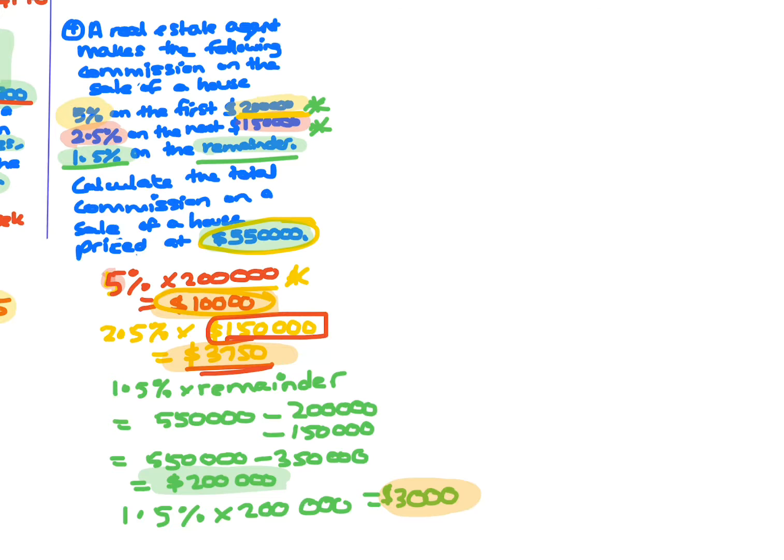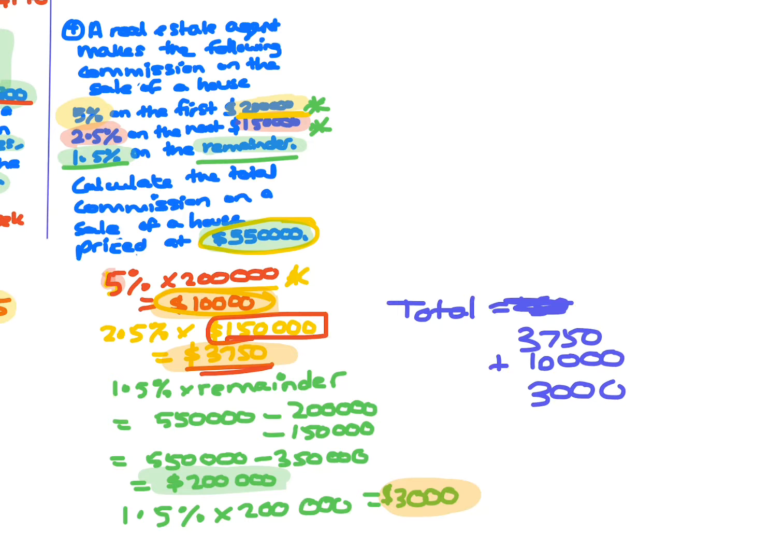If you add all that up, you will get the total commission. So 10,000 for the first 200,000, plus 3,750, plus 3,000, you end up with $16,750.